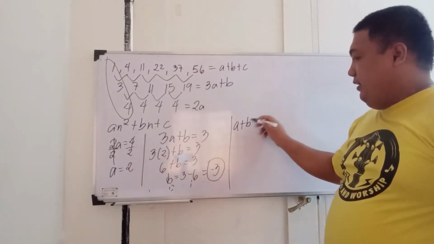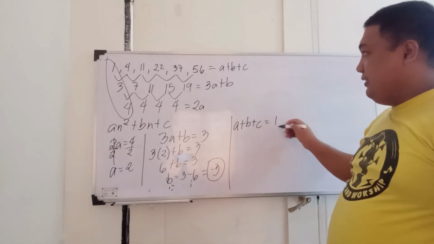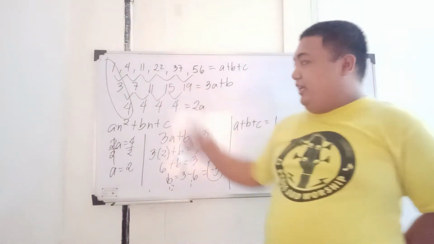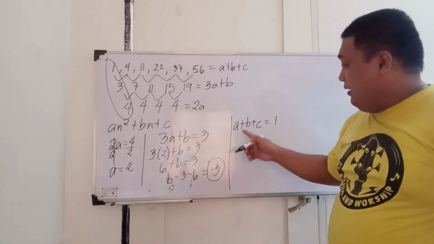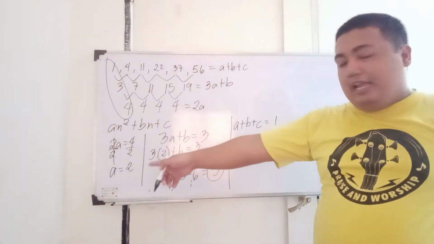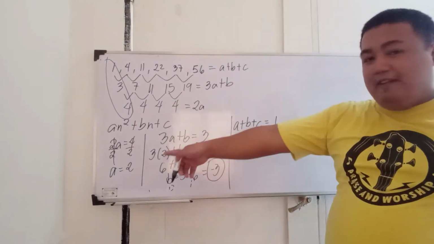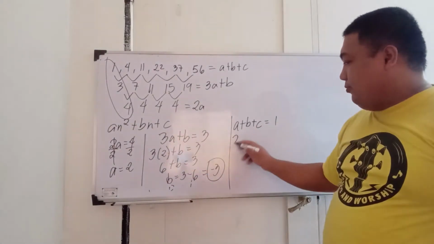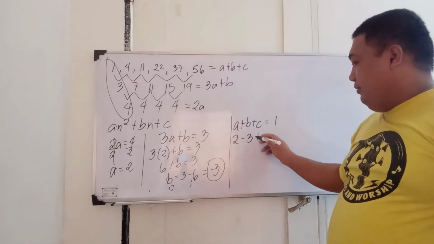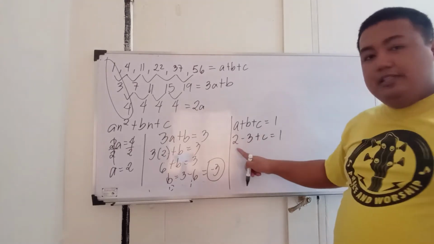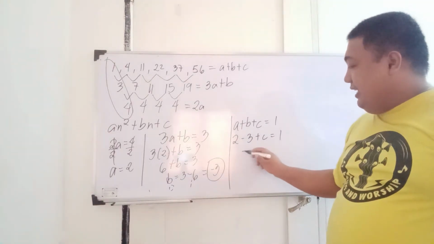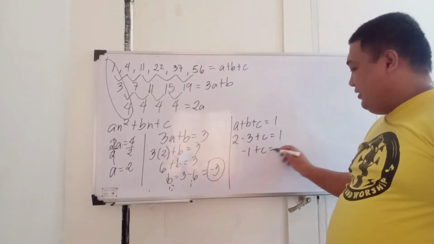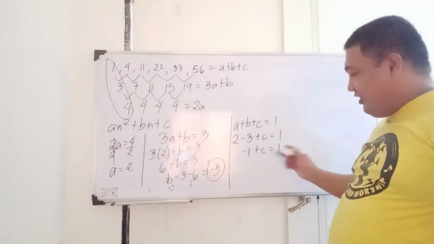A plus b plus c equals 1. Okay? So, substitute na natin, may value na tayo ng a, may value na tayo ng b. Substitute lang natin. So, 2 minus 3 plus c equals 1. 2 minus 3, that is negative 1 plus c equals 1. Put negative 1 on the other side.